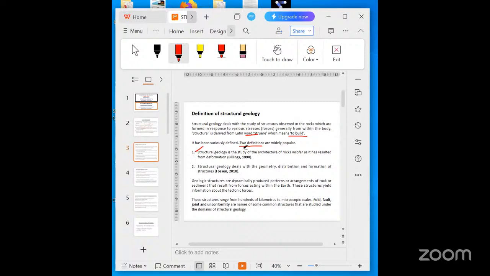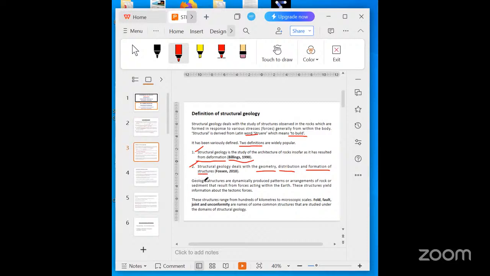The first one: structural geology is the study of the architecture of rocks insofar as it has resulted from deformation. The author of this book is Billings, in the year 1990. And another one: structural geology deals with the geometry, distribution, and formation of structures. The author is Fossen, in 2010.